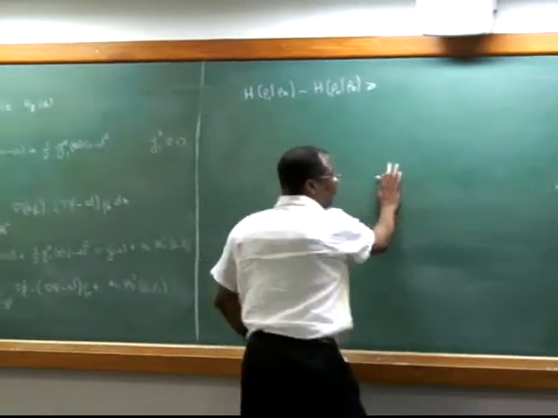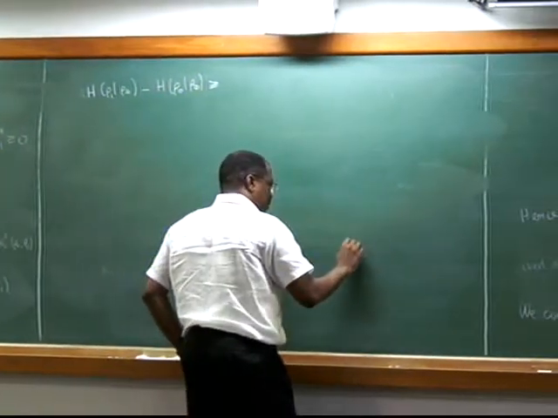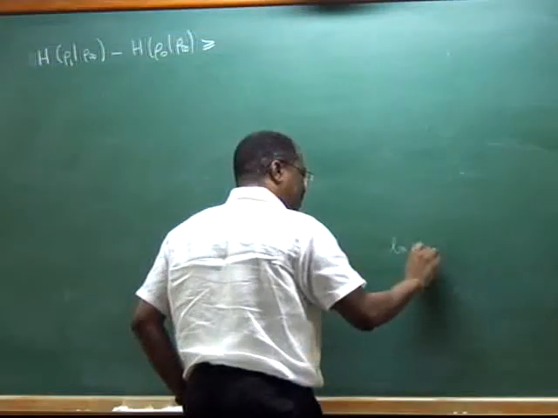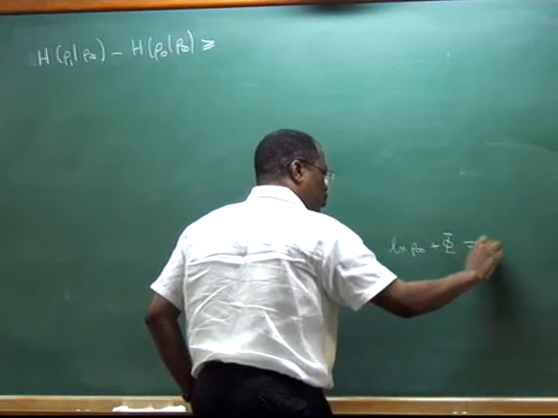And let us remember that log of rho infinity plus phi equals 0.